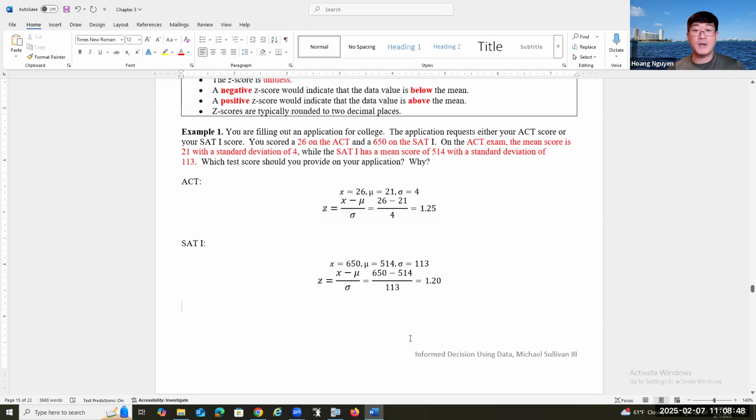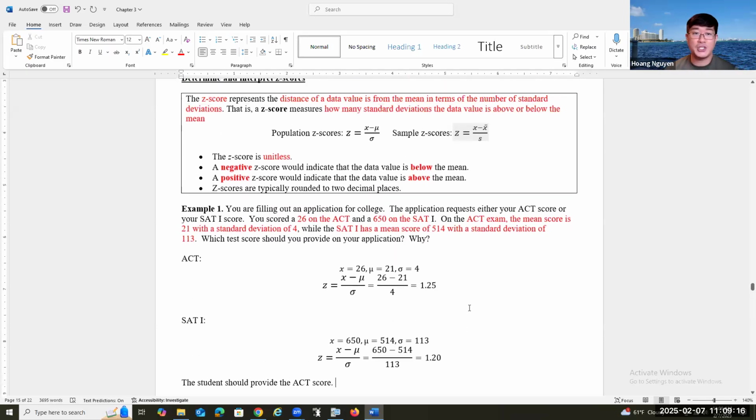The student should provide the ACT score, since 1.25 standard deviations above the mean is better than 1.20. It's further on the positive side of the mean.